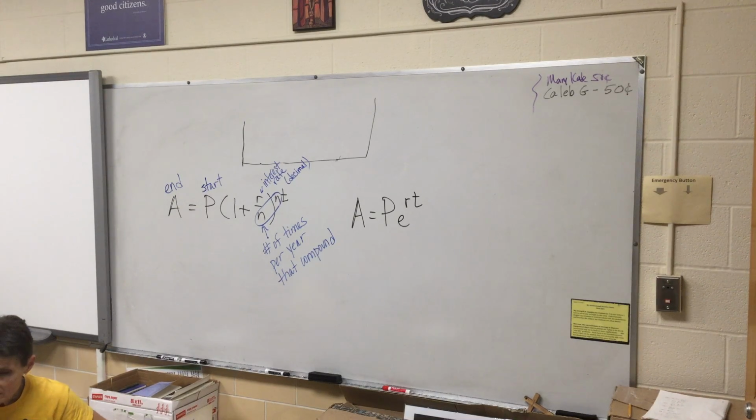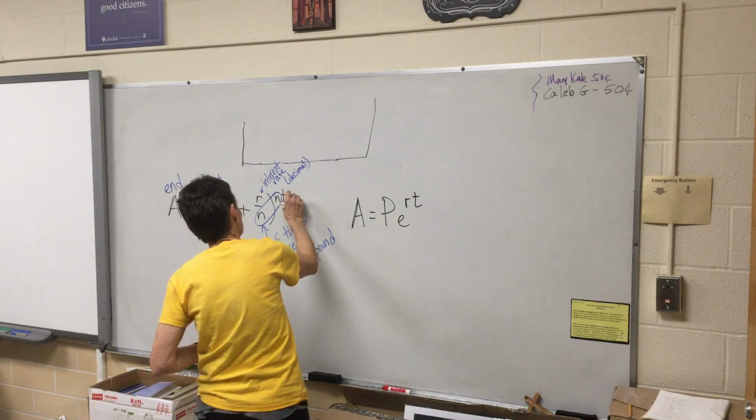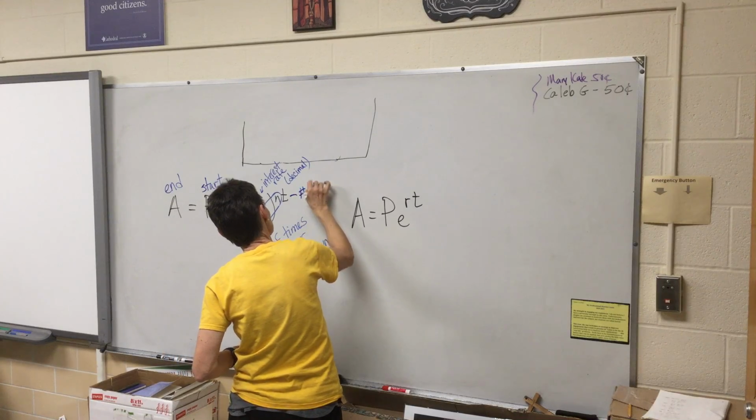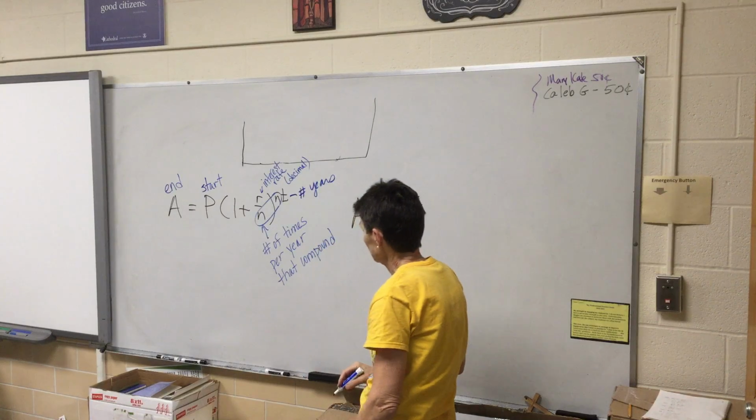Some accounts compound daily, so that N would be 365. N is how many times a year they compound your interest. And T is the number of years.